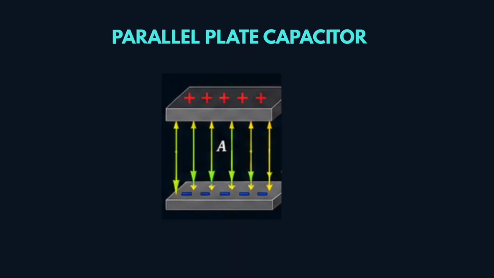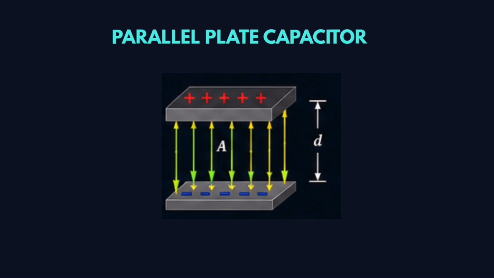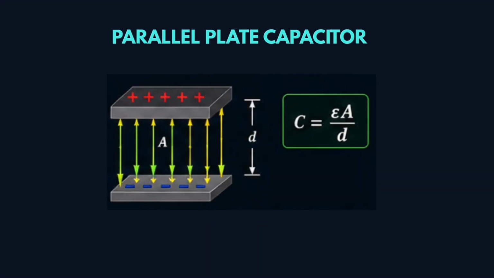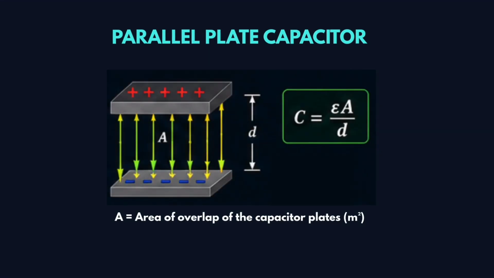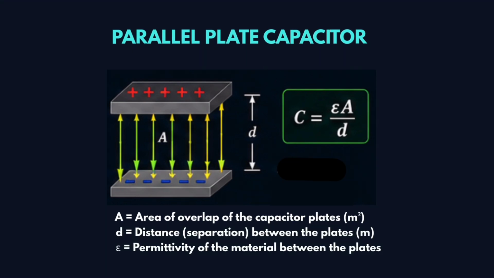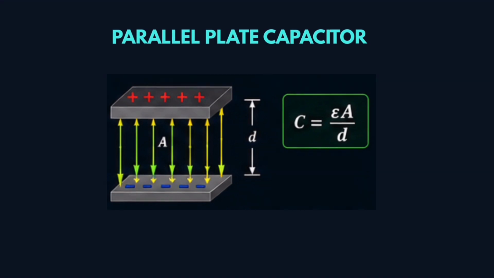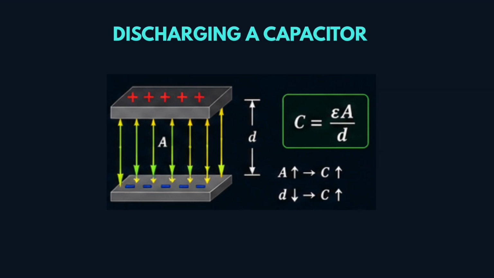For a parallel plate capacitor, C is given as epsilon A by D, where A is plate area, D is distance between plates, epsilon is permittivity. If area increases, capacitance increases. If distance between plates decreases, capacitance increases.